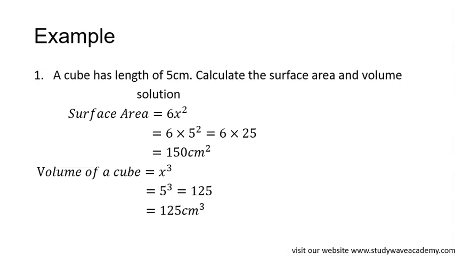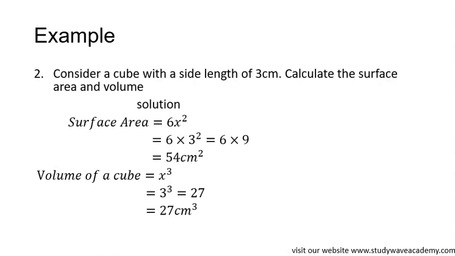We're going to be looking at another example. Consider a cube with a side length of 3 centimeters. Calculate the surface area and volume. We remember the formula for calculating the surface area of a cube, right? 6x squared, which is 6 times 3 raised to power 2.